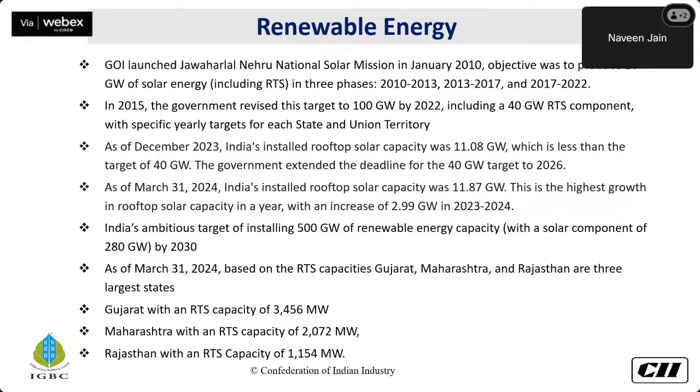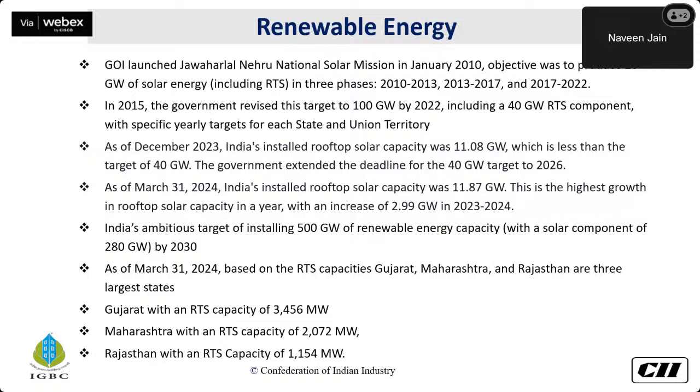As of March 2024, India's rooftop solar capacity is 11.87 gigawatt, after having the highest growth in the last year: 2.99 gigawatt was added in 2023-24. Even after such high growth, we are still quite behind the targets. Almost one fourth we have achieved.